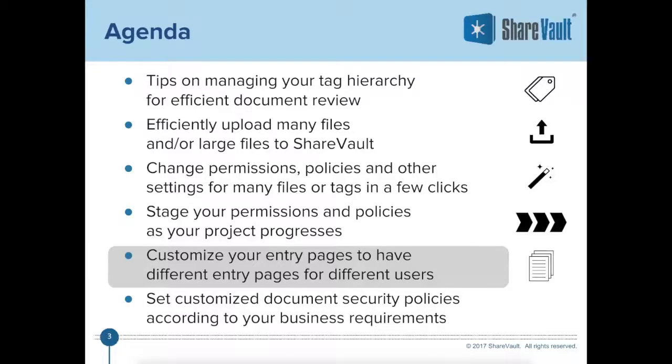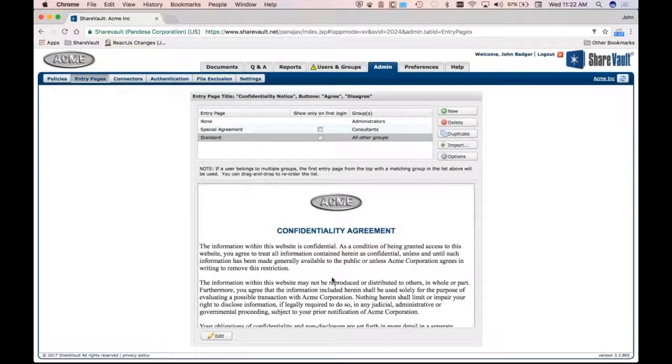Now let's move on to customizing your entry pages to have different entry pages for different users. I go to the Admin tab. Most of you probably have just a single confidentiality agreement, but let's say that you have potential industrial partners and potential financial partners, and you want different agreements for them. What you could do is just double click here and make this be the one for financial partners.